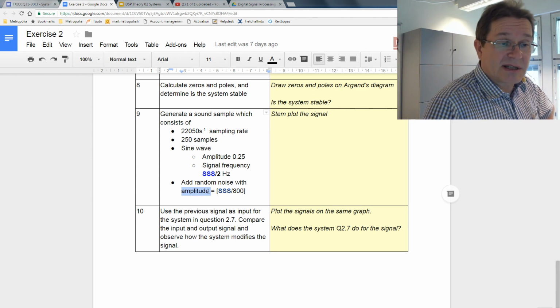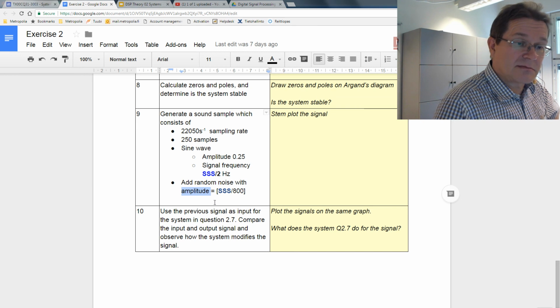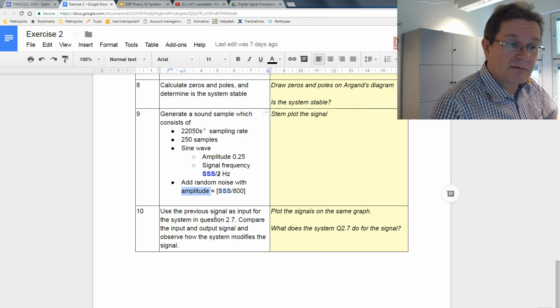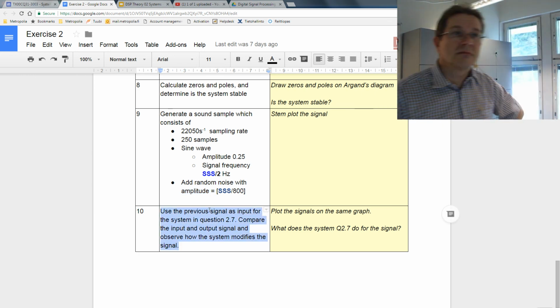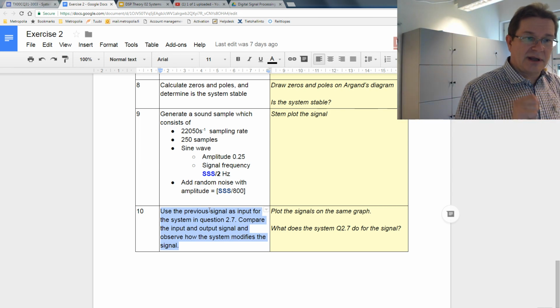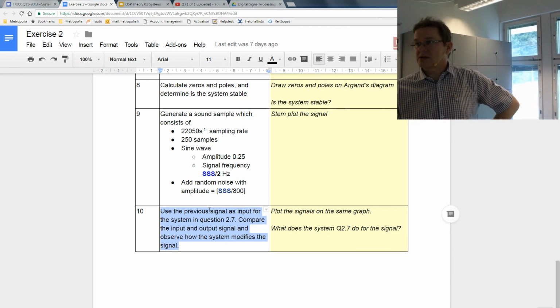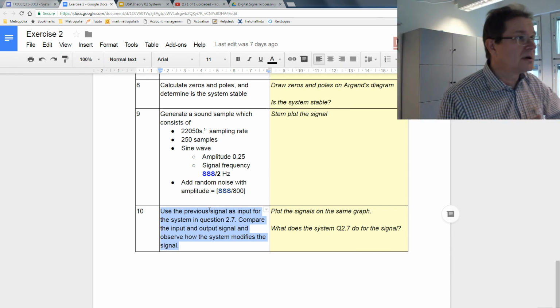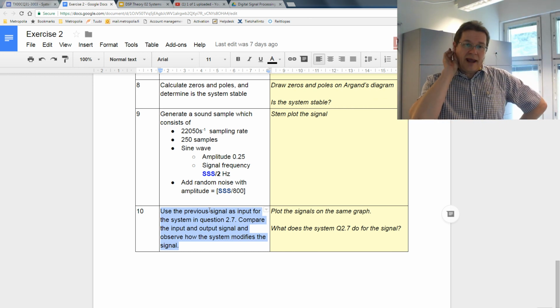But anyways, you just multiply your random numbers with this, and then the last one is actually to run your test signal through a filter and try to find out how it actually changed the behavior, or how the outputs differed. Okay, good.